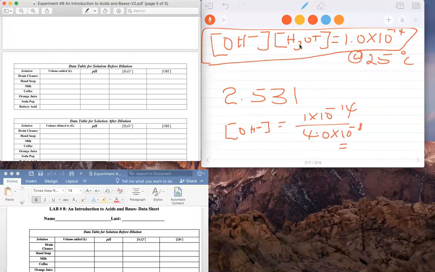That's how you find the hydroxide concentration: 1 times 10 to the negative 14 divided by 4.0 times 10 to the negative 8. And I see it is 2.5 times 10 raised to negative 7. So that's what I'll do before I do the dilution.